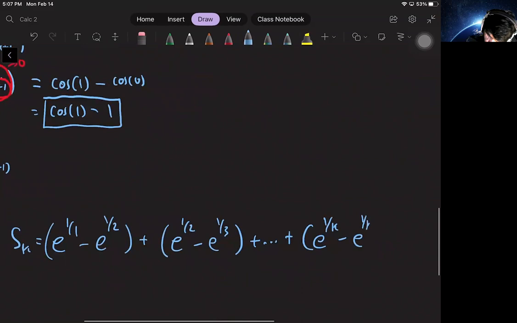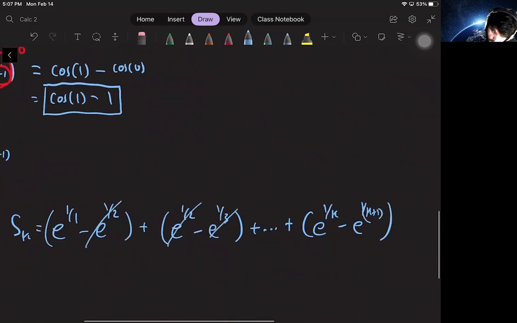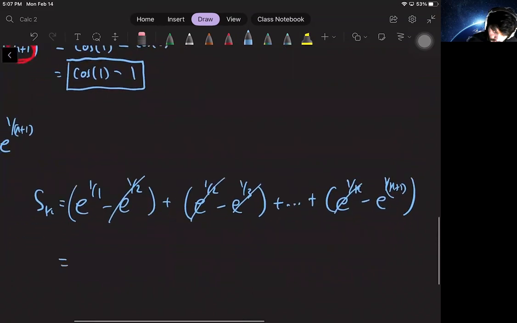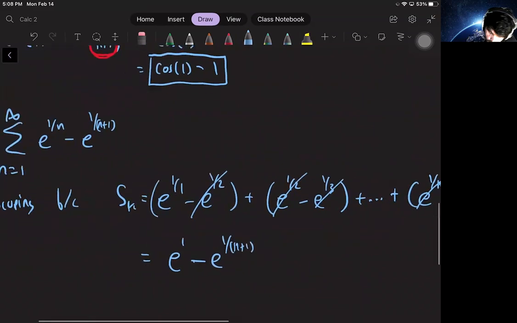And same exact thing happens. All the middle guys cancel with something because there's a positive and a negative version of each thing. But the first and the last one do not. So then you can take the limit again.